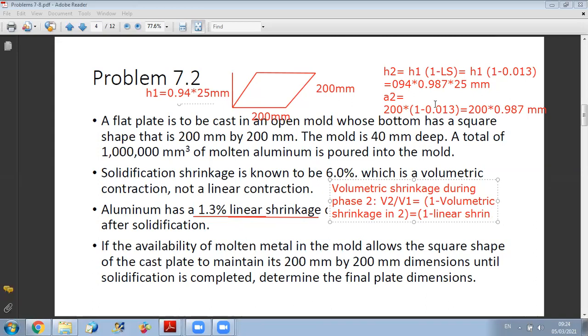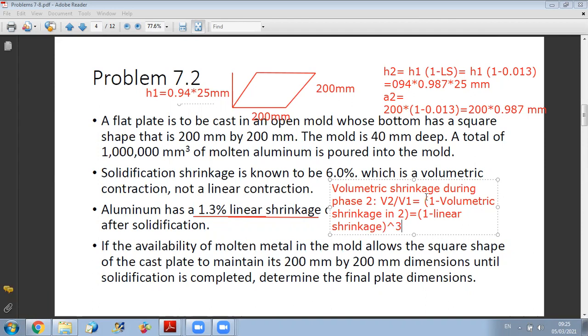So in total, when you do the ratio of V2 over V1, you will get 1 minus 0.013 cubed. So the volumetric ratio V2 over V1 is 1 minus the linear shrinkage to the power 3. This relation will allow you to relate volumetric shrinkage to linear shrinkage.